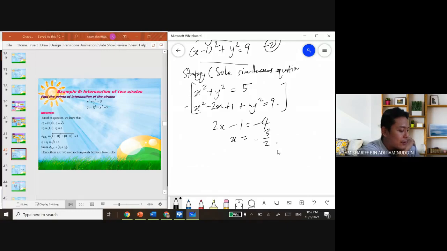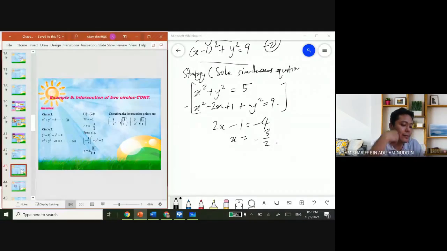Ke satu saja? X squared minus 2 squared. Tak apa. The main idea is there. Tapi saya nak tengok dulu cara nota ni buat. Oh, sebab ada dua nilai X.